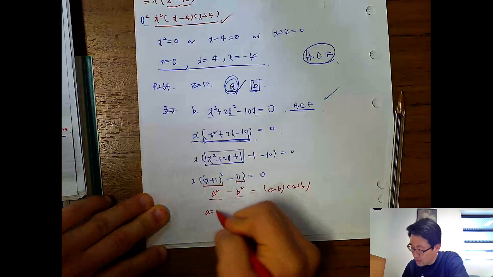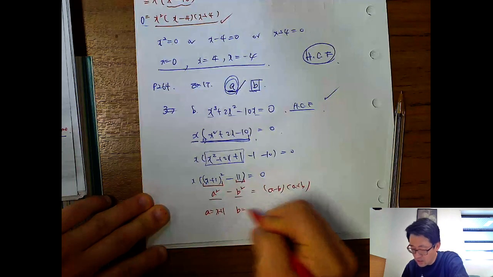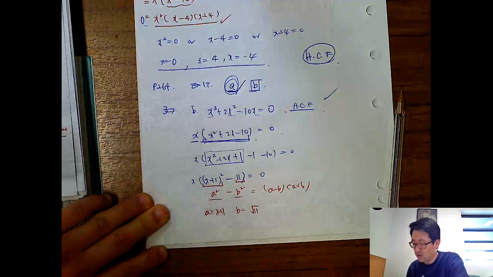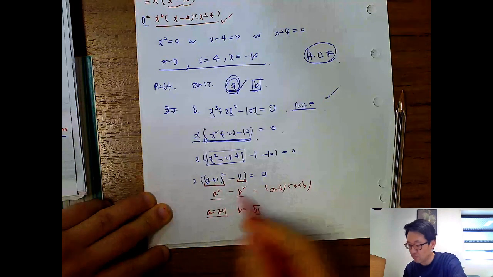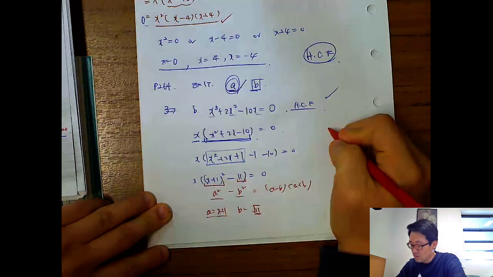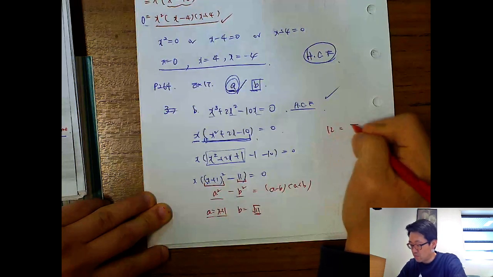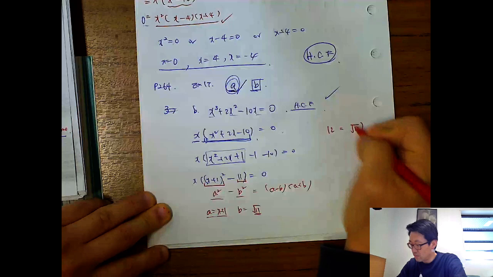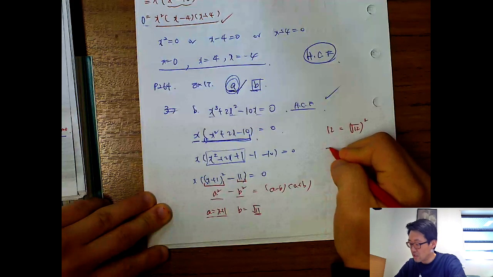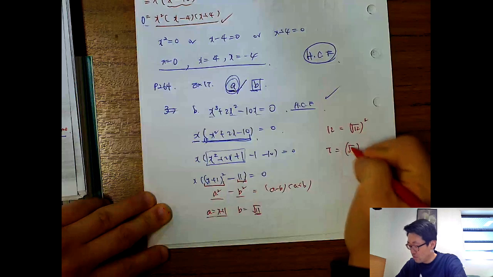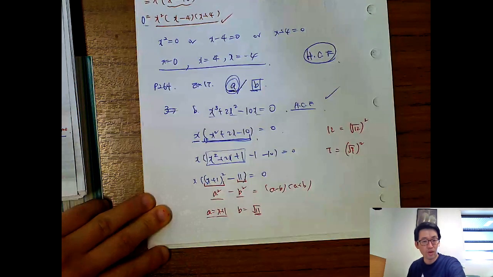How? When a is x plus 1 and b is root 11. You can do it always. So if there was 12, I can say root 12 squared. So I can make a squared number, and 7, root 7 squared. That's all I need to do.